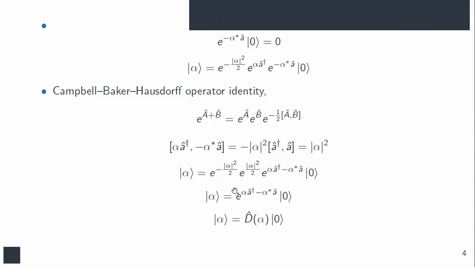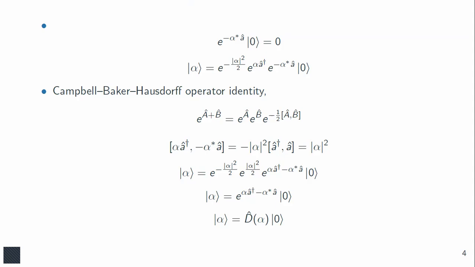And we could write the coherent states in terms of the vacuum state, and this operator is the displacement operator. It has this particular name because it displaces the vacuum state in phase space, and the resulting displaced state is a coherent state.